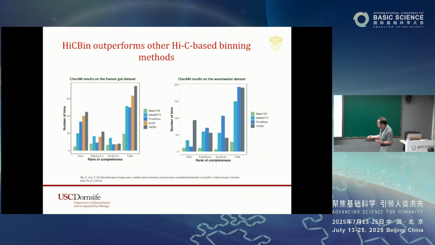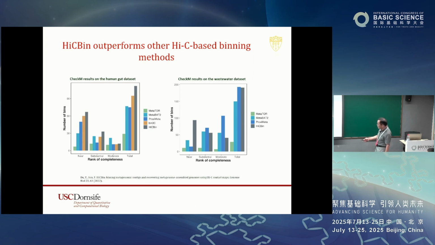So here, this is for the human gut data set. The Y axis is the number of clusters, or number of metagenome-assembled genomes, and then there are different numbers. This column is the number of MAGs that are near complete.